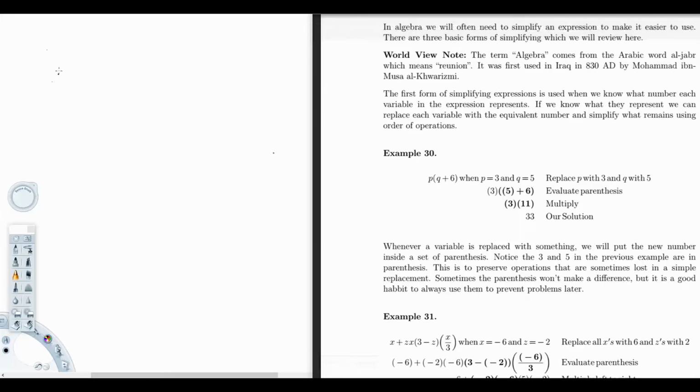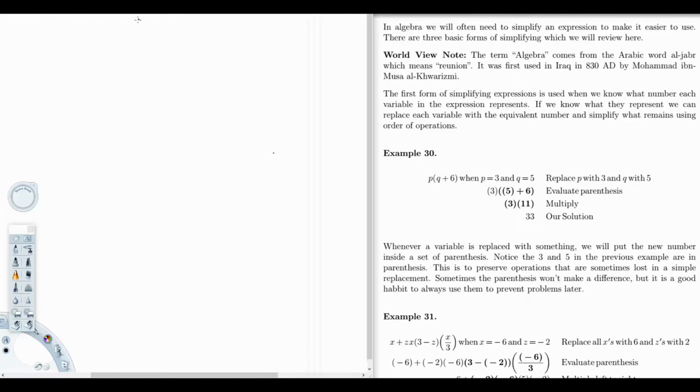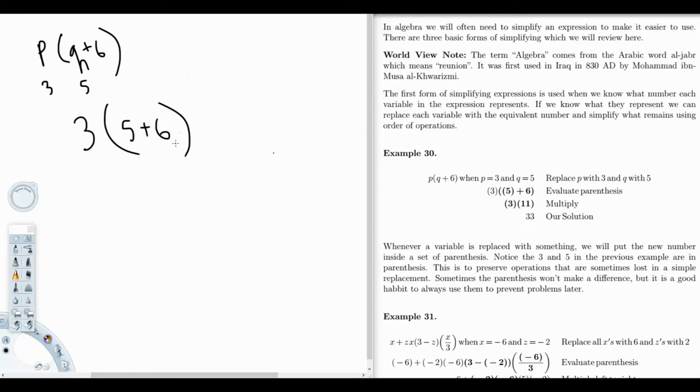Okie dokie. So it says here, P times Q plus 6 when P equals 3 and Q equals 5. So what does P equal? We'll write it underneath, 3, and Q equals 5. Let's rewrite this equation: 3 times the quantity 5 plus 6.